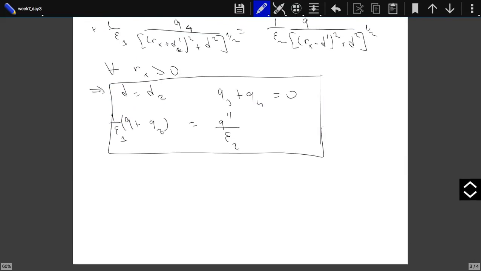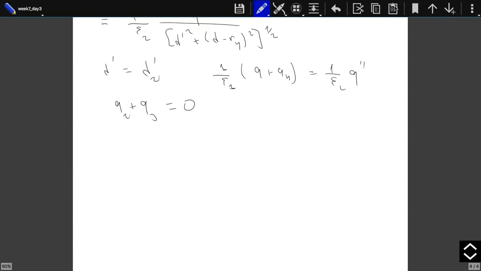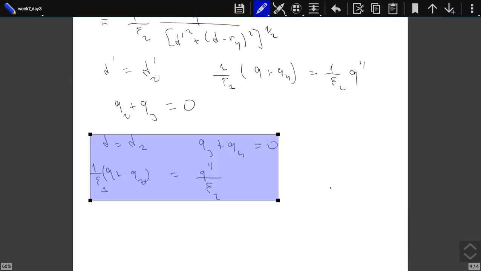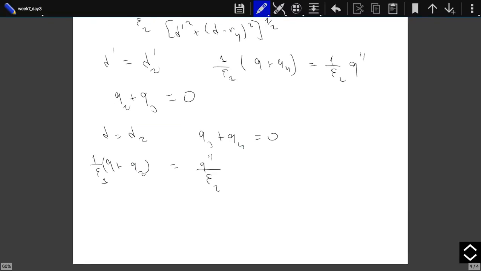Well, we had the previous conditions. So let's try to simplify them a bit. So what do we have? D prime is equal to D2 prime, and D is equal to D2.